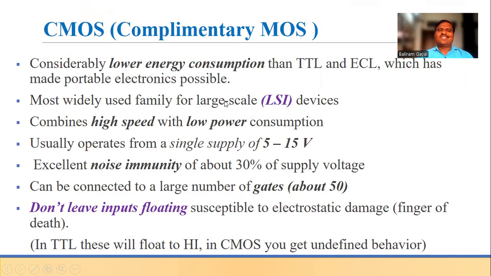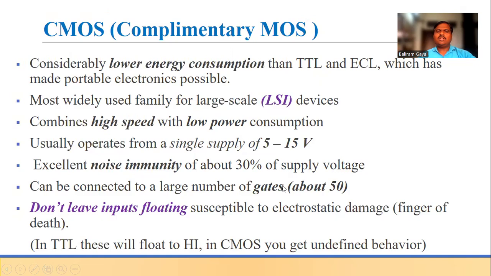Now, that is CMOS, the complementary metal oxide semiconductor field effect transistor family. It consumes considerably lower energy than TTL and ECL, which has made portable electronics possible. It is the most widely used family for large scale devices, combines high speed with low power consumption, and usually operates from a single supply of 5 to 15 volts.